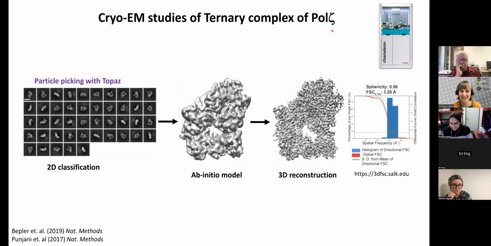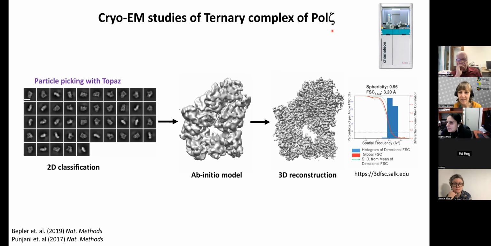I like this thread of questions about tilting, so I'm going to stick there for a second because I think it's really useful. There's a question about what your ice thickness ranges were for tilted versus untilted data. Okay, so for the Polaris grids, the ice thickness, if I remember correctly, was of the order of 30 to 40 nanometers.